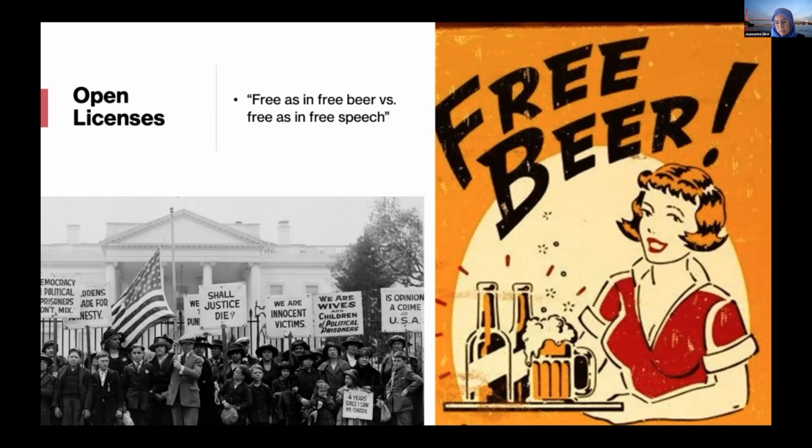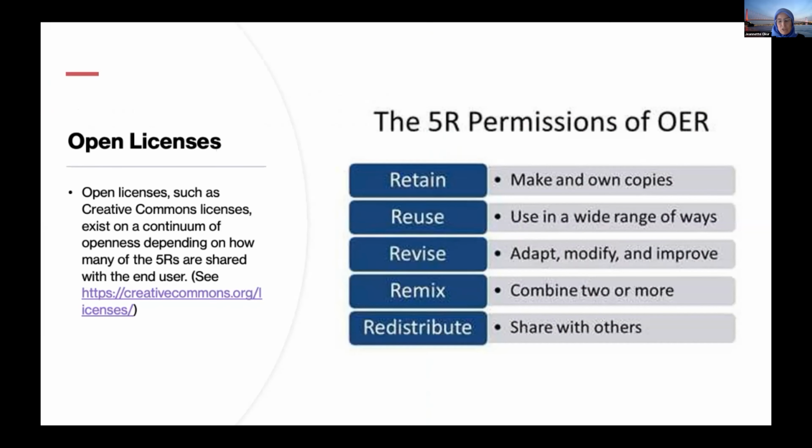For example, by placing a work under an open license, the copyright holder can share the rights with the end users, such as the right to make derivatives of the original work. Materials under these licenses are considered open because the users are free to retain, reuse, revise, remix, and redistribute the content. And this bundle of rights is commonly referred to as the 5 R's.